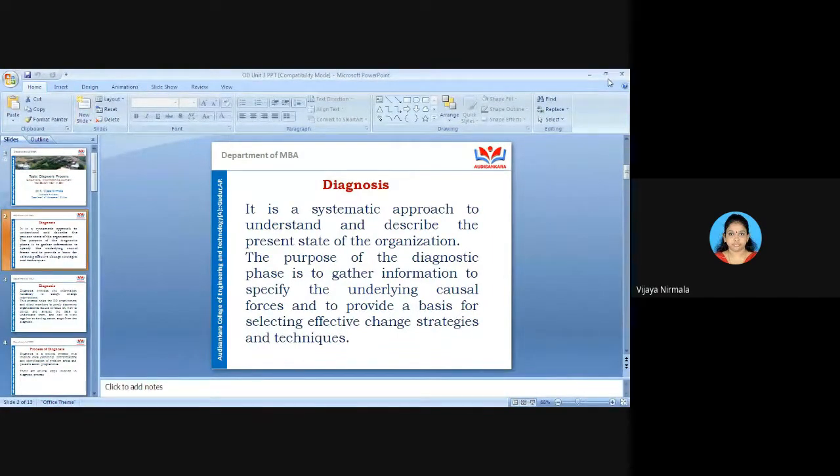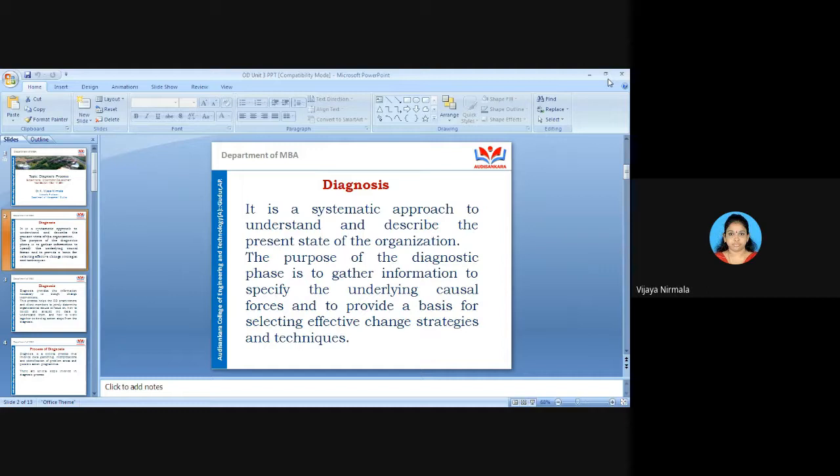So to understand how you are going to collect the data and how you are going to analyze the data related to the organizational issues, that will be identified in this diagnosis.